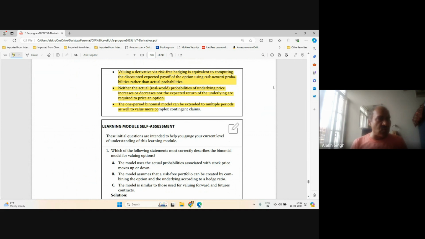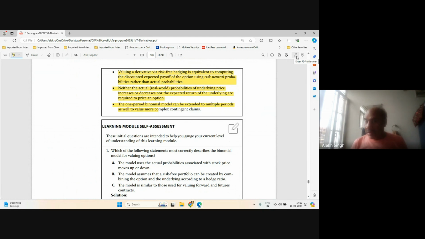Actual probabilities won't affect the price of the call, and the expected rate of return on the underlying is not required to price an option. Whether this underlying is giving 5% return on investment or 10%, it is not even needed. Actual probabilities are not needed because we are calculating the risk-neutral probability.